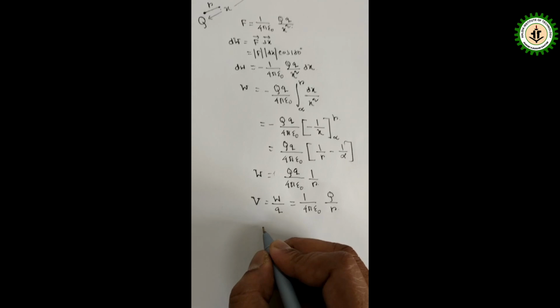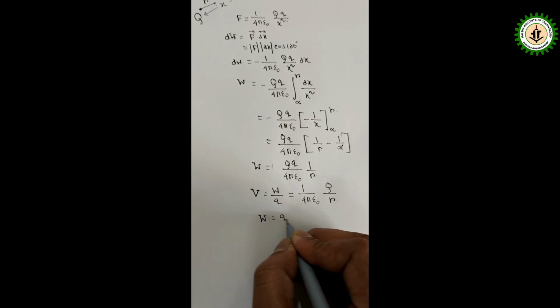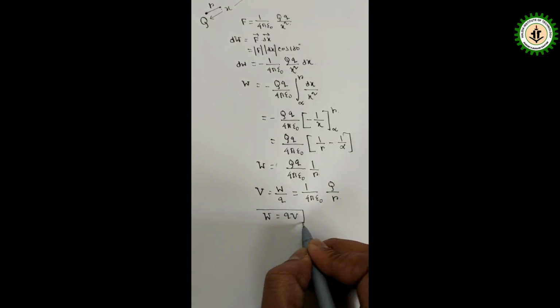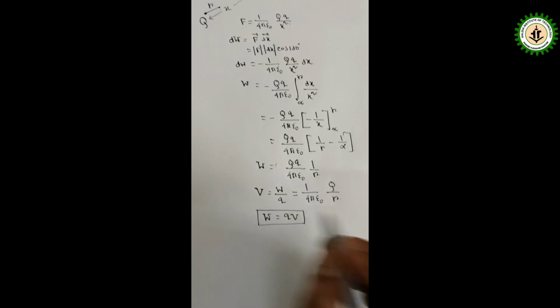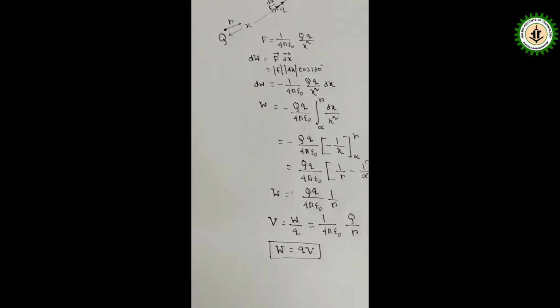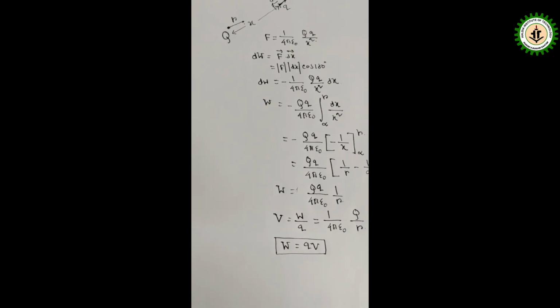That's why the total work done W equals Q into V. So for any kind of electrical problem, if there are lots of charges over there, and if I bring another charge to any particular point, and if I am able to calculate the electric potential at that point and multiply with the charge, then I'll get the stored potential energy inside the system.